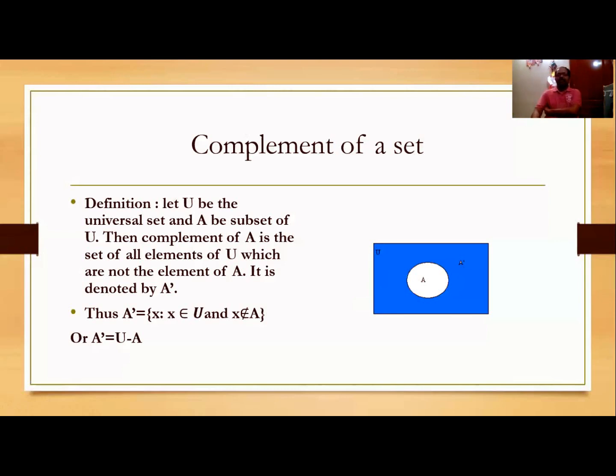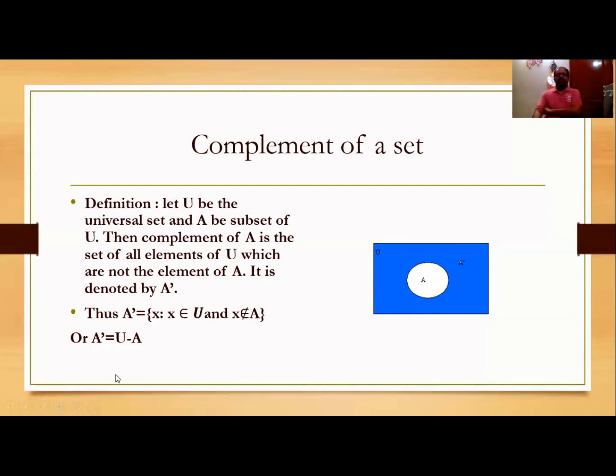Here is the Venn diagram for the complement of set A. Here is a set A, and the shaded blue part of the universal set U is A dash, the complement of A. It contains all the elements in U which are not in A, so A is excluded from U. Excluding A from U gives us the complement of set A. I think this Venn diagram will clear the definition.